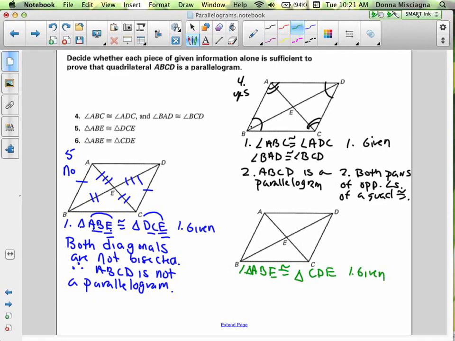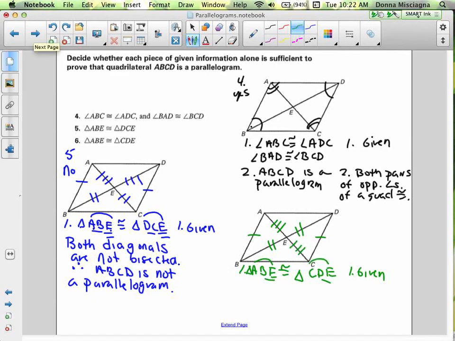Let's mark the parts from that. All right, AB is congruent to CD, the same as the other side. BE is congruent to DE. And AE is congruent to CE. Well, now that works out.